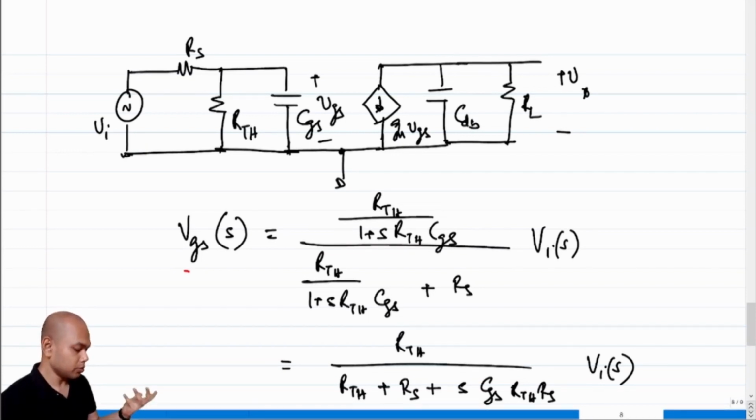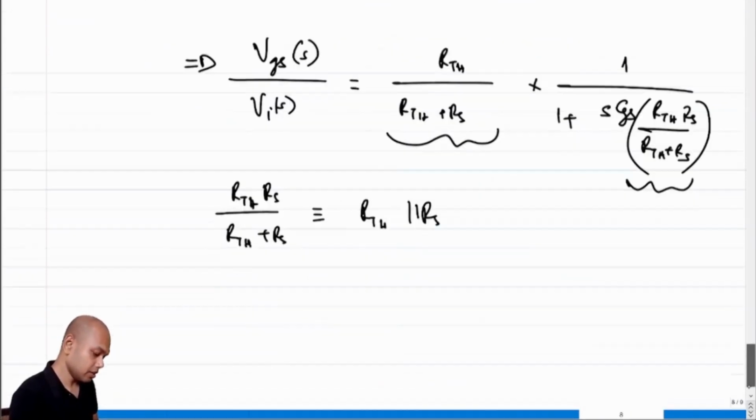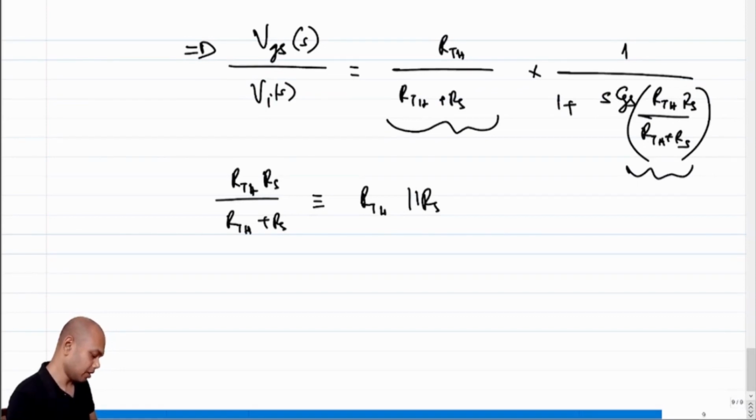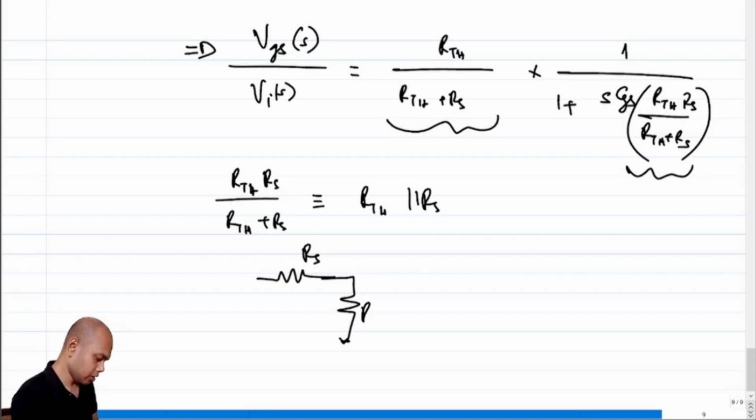How will you find it? You short the input, so Vi goes to 0. We had RS, RTH, CGS, and Vi.